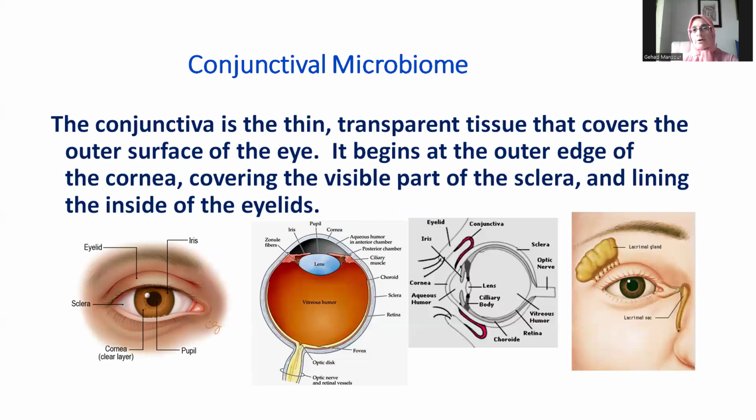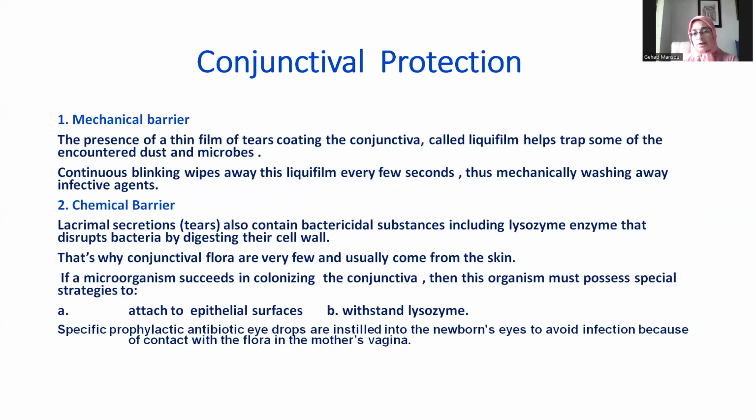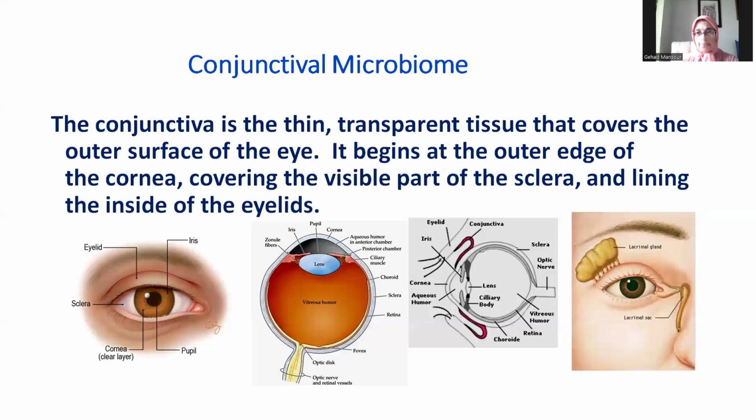And now we are going to move to the conjunctival microbiome. The microbiome in the conjunctiva, of course, first of all, what is the conjunctiva? The conjunctiva is a thin, very thin, delicate, transparent membrane or tissue that covers the sclera of the eye and meanwhile coats the upper lid and the lower lid from inside.